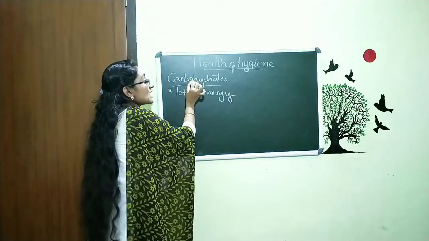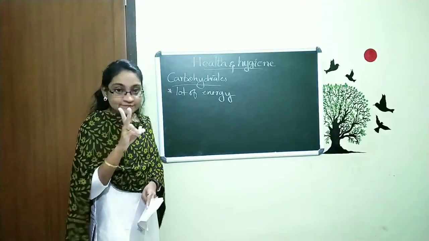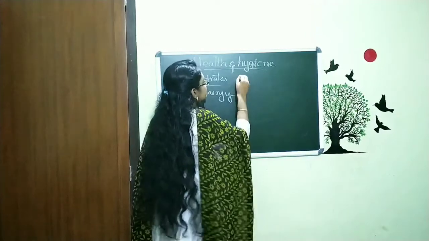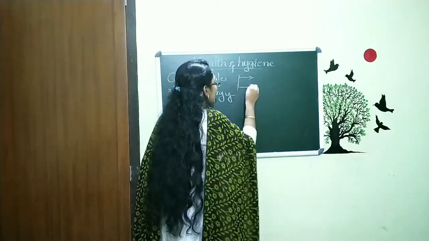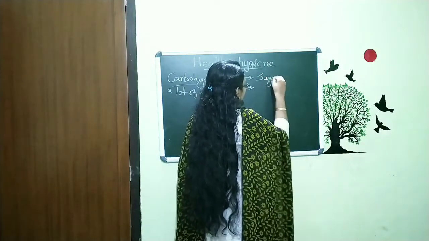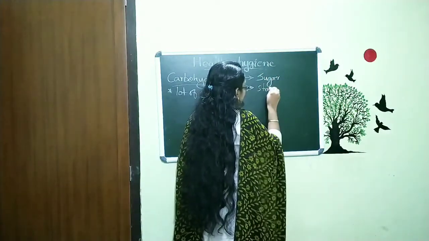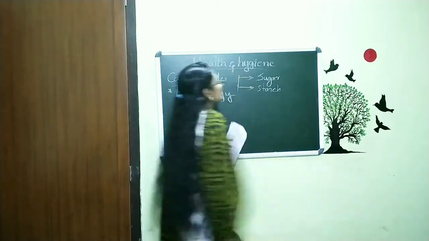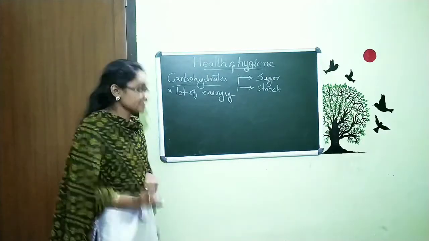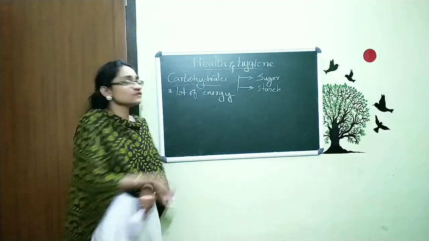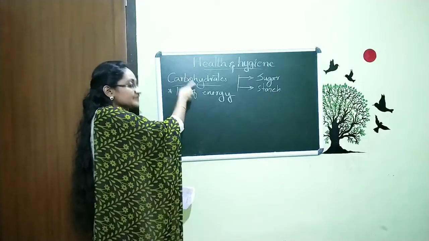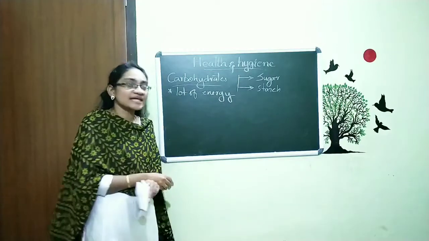And these carbohydrates are of 2 types, starch and sugar. So these are the 2 types of carbohydrates. And we have food which contains carbohydrates because it gives us energy. This carbohydrate food gives us a lot of energy.